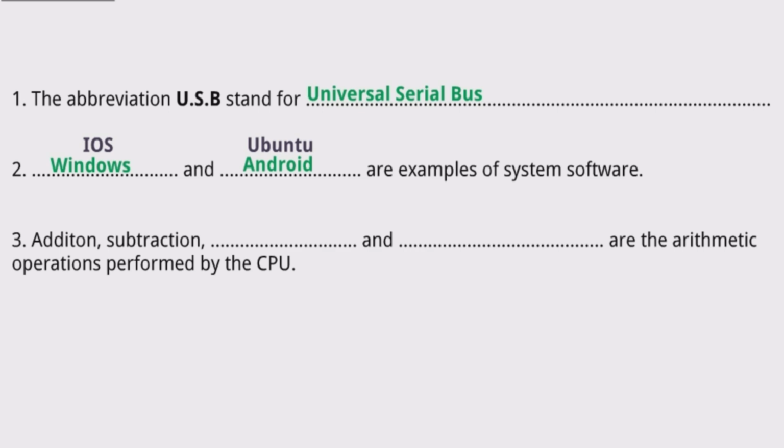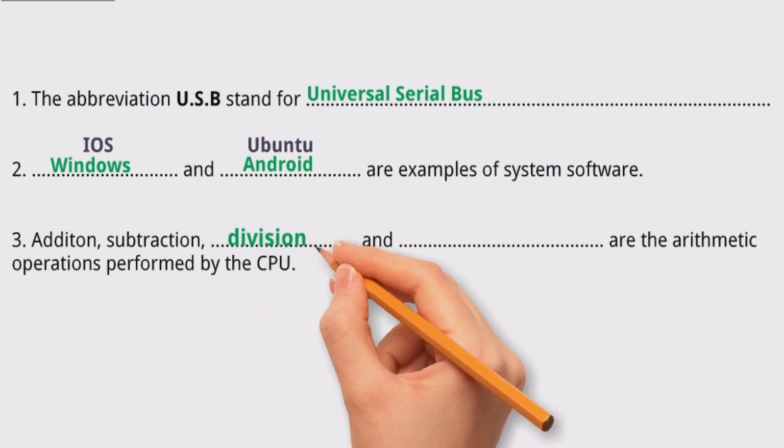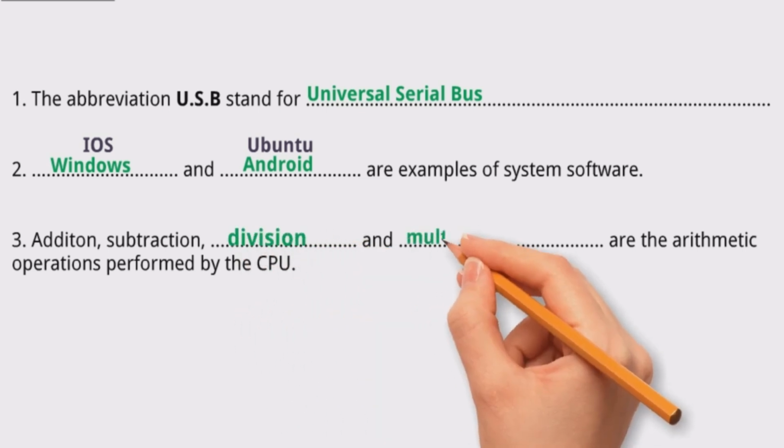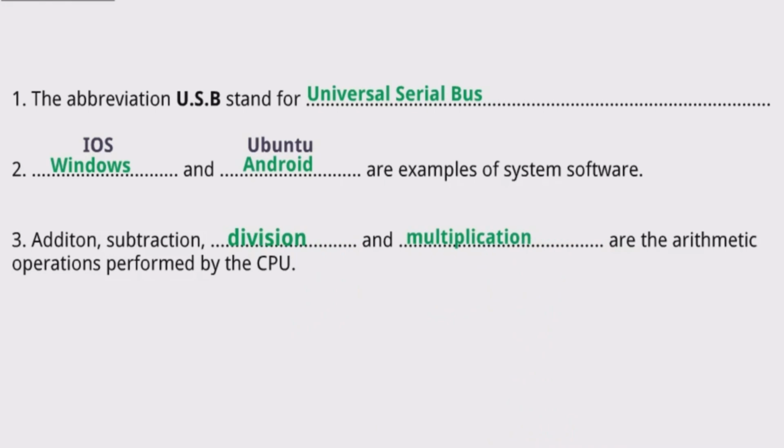So the correct answer there is, we can write addition, subtraction, division, and multiplication are the arithmetic operation performed by the CPU. So division and multiplication there are the correct answers. You can start with multiplication and then end with division. It's okay. So division and multiplication are the correct answers there.